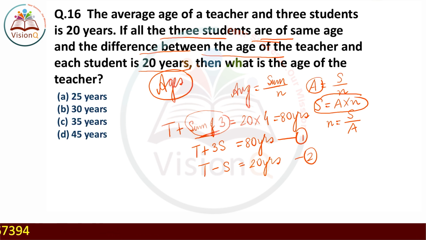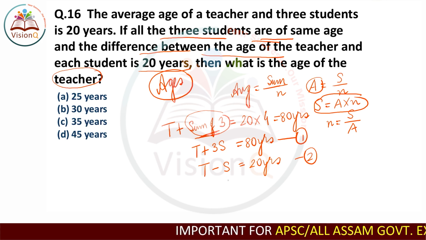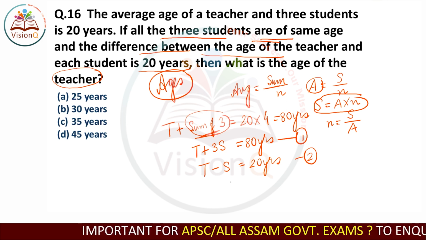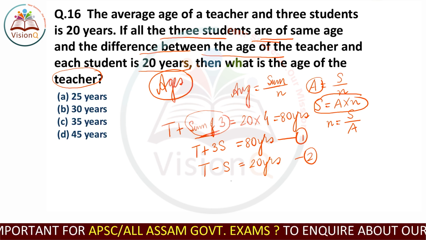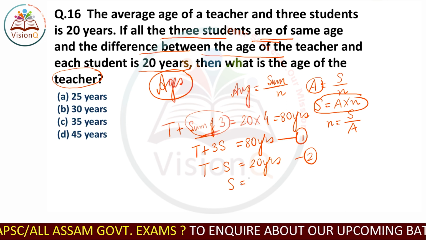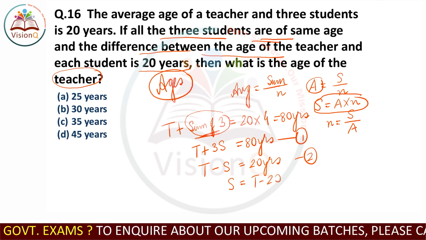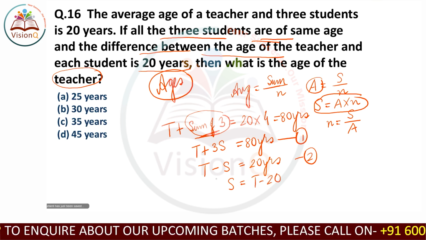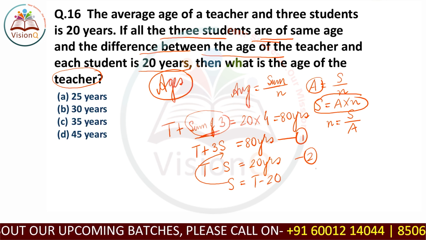Since it is asked to find the age of the teacher, we'll express s in terms of t. From the second equation I get s is equal to t minus 20, and put this value in the first equation.